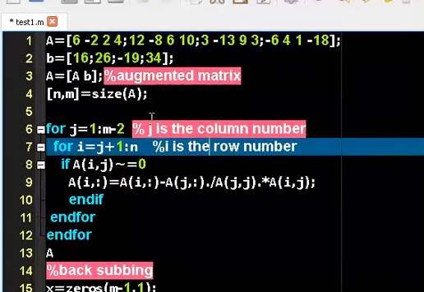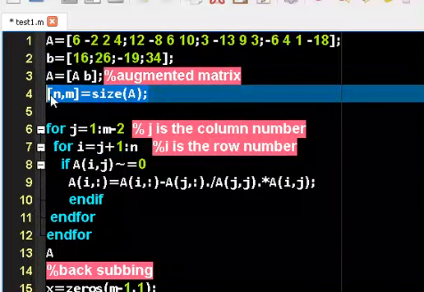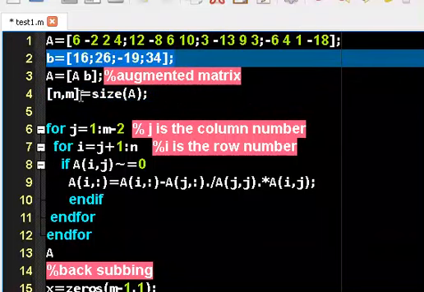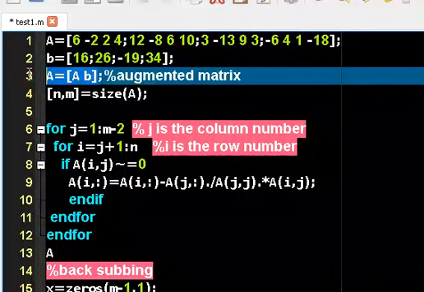right? Okay, now I find the number of rows and number of columns. So n would be the number of rows, that means the number of equations in this system. Here m is the number of columns including the right hand side. Here I updated matrix A. Here A is an augmented matrix, right?